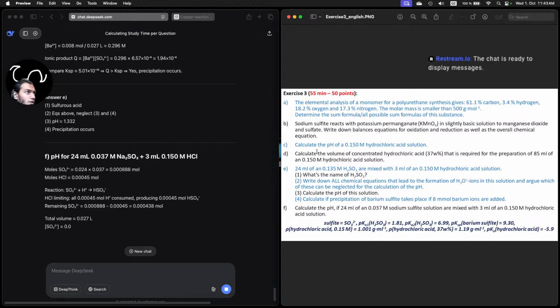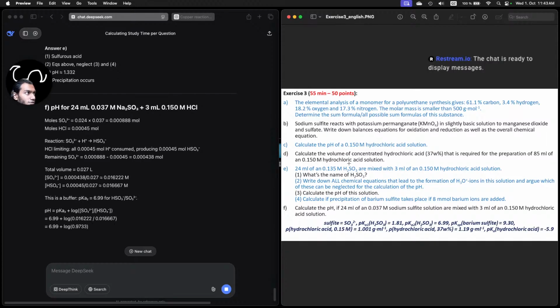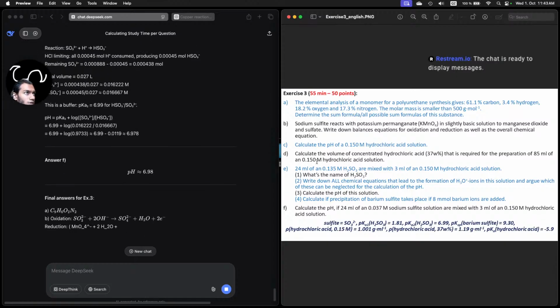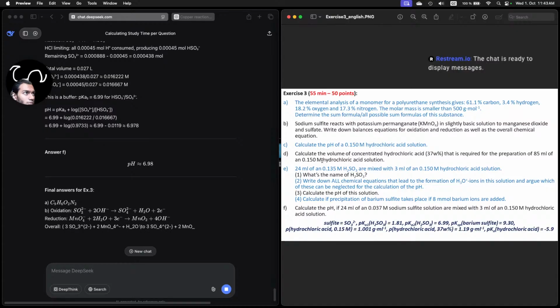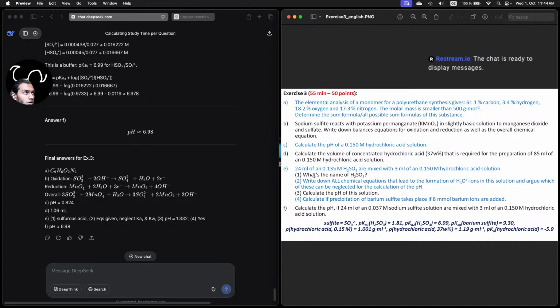Calculate the volume of concentrated hydrochloric acid that is required for the preparation of 85 milliliters of a 0.15 molal hydrochloric acid solution, 24 milliliters of 0.135 moles of sulfuric acid. Alright. This is H2SO3. I think that's hydrochloric acid, okay, not sulfuric.